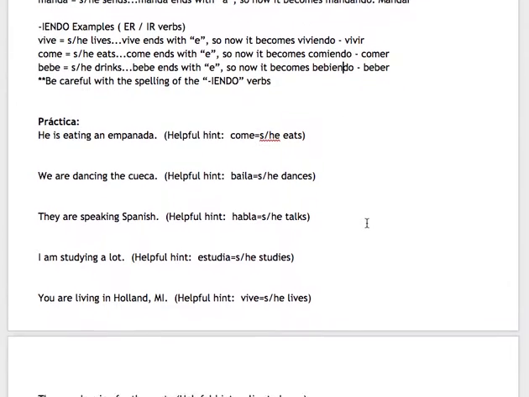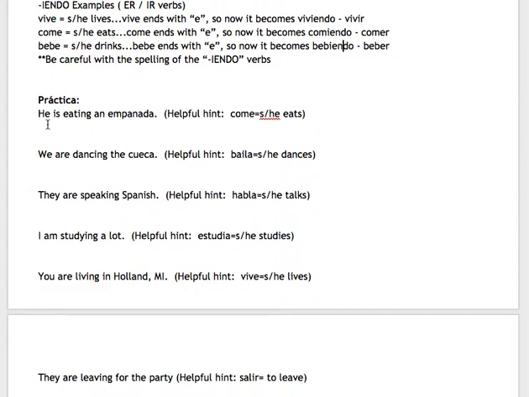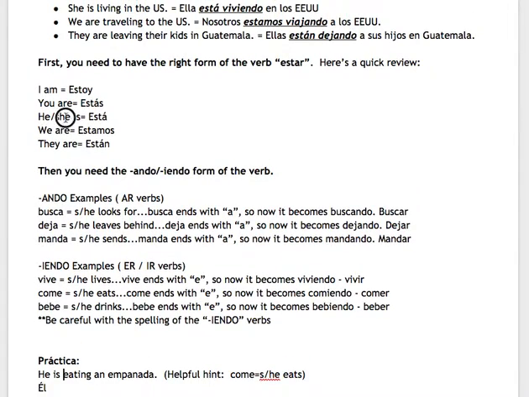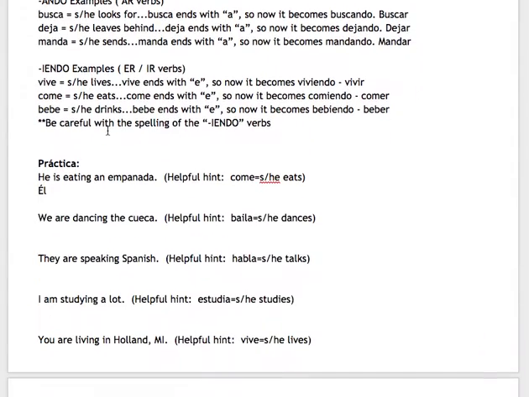Now let's put it all together with some practice. He is eating an empanada. So we need to have he, Él, and now we want to do is eating. So the first part is the word is. So since it's he, we're going to need está.